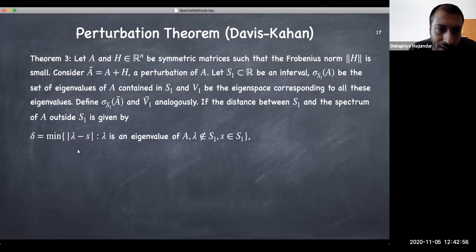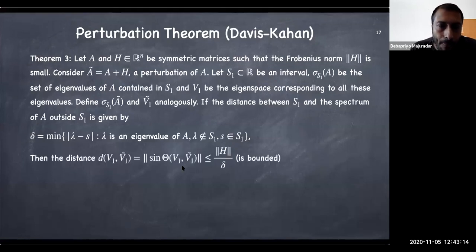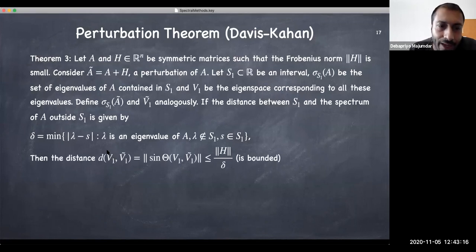So that is the minimum of |lambda minus s|, where lambda is an eigenvalue but not in S, and s is within our set of eigenvalues, or say actually this interval, any point in the interval. So how close are the other eigenvalues from this interval? Then the distance of this eigenspace V1 and eigenspace V1 tilde, we'll talk about this notation later, is bounded by norm of H divided by delta.